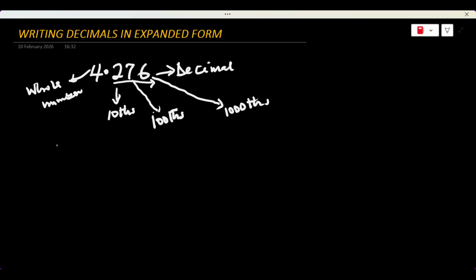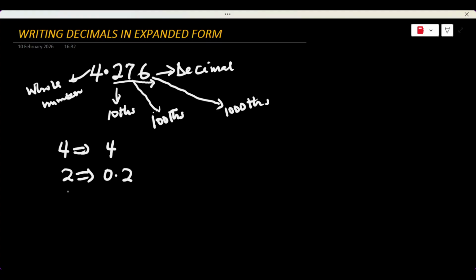So the first one, which is 4, is in the ones place. So it's written as 4. And then after the decimal point, we have 2. This 2 here is called tenths. That is in words. But when it comes to the writing, we write it as 0.2, meaning 2 tenths.